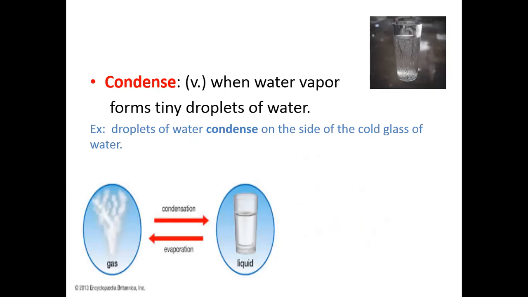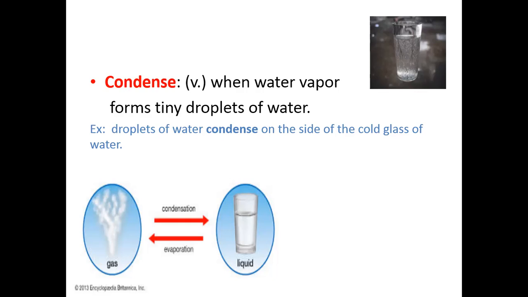Next one I have is condense. Condense is a verb, and if you remember, I told you it's when water vapor changes into droplets of water. For example, if you uncover the lid of the pot, you're going to see droplets of water formed on the lid, remember?